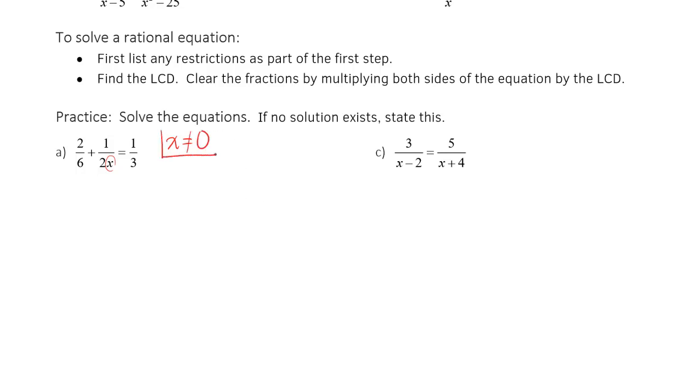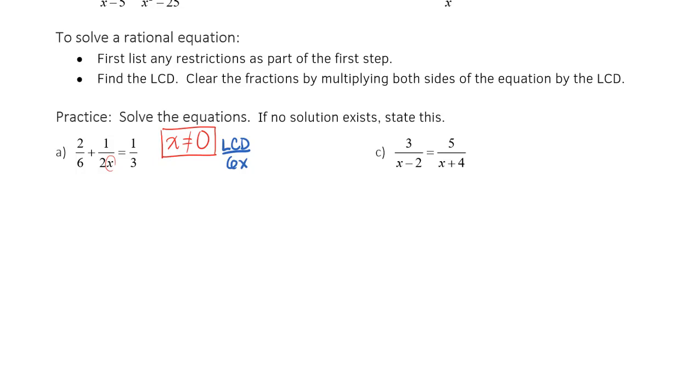That's my first restriction. I need to find my LCD, which is 6x. Now remember, 6x is the LCD because you have a 2 and a 3 and a 6. So 2 and 3 are factors of 6, and so that's your LCD.